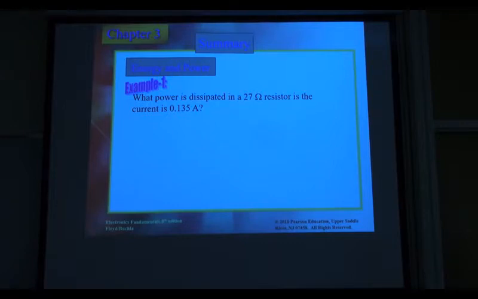So P equals current squared times R. So that will be 0.135 squared times 27. Both units are good, so we don't need to change anything. 0.135 squared times 27 equals 0.49. What's the unit? Watt. W. You put the W with the parentheses at the very end.